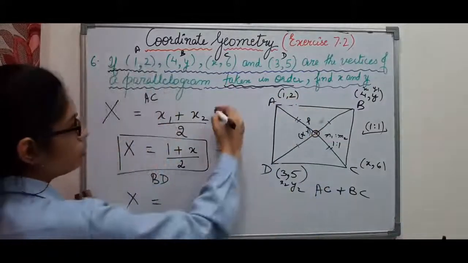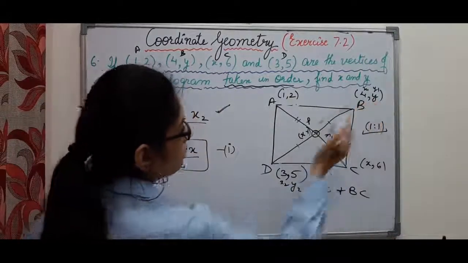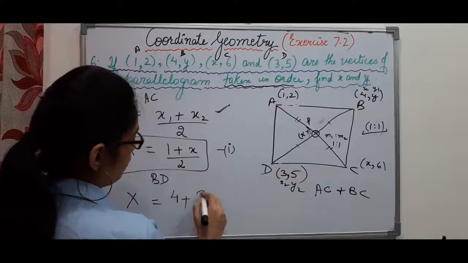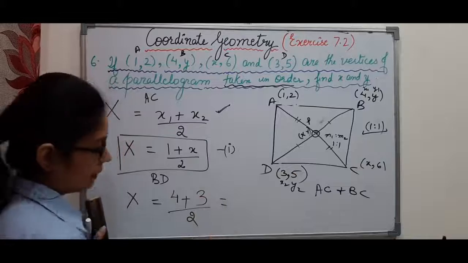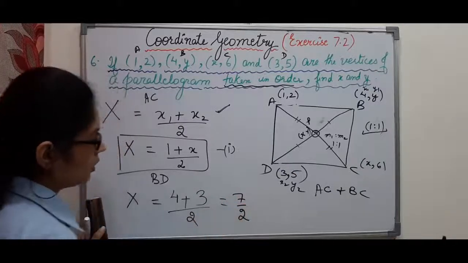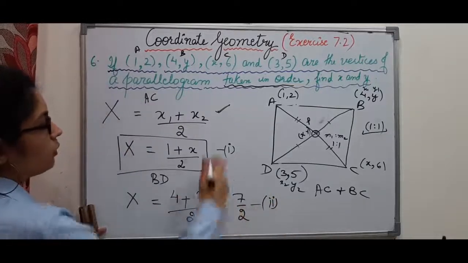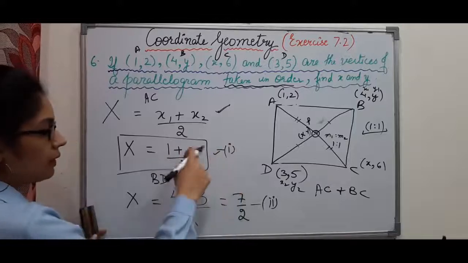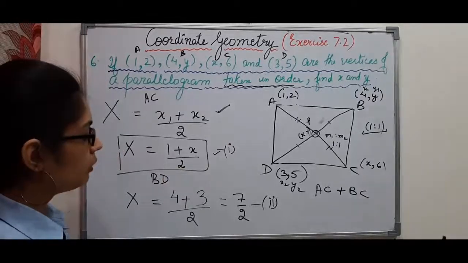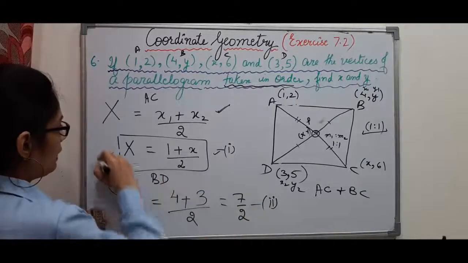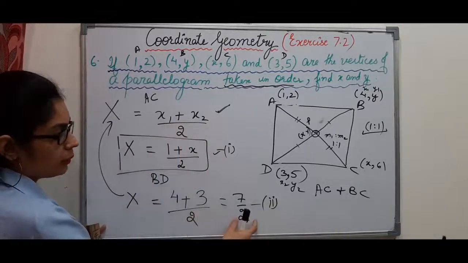Same formula we will apply: (x1 + x2) divided by 2. x1 is 4, x2 is 3, by 2. So 4 plus 3 is 7, 7 by 2. So I have got the value of X as 7 by 2. Here I got the value of X as (1 + x) by 2. Now these two values of X are the same, so we will compare. They are equal to each other. Both are the values of capital X, which means this value is equal to this value.